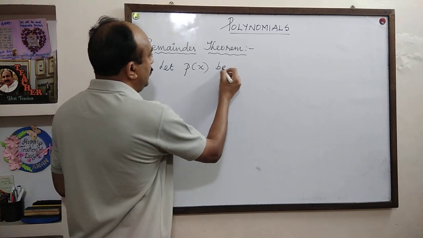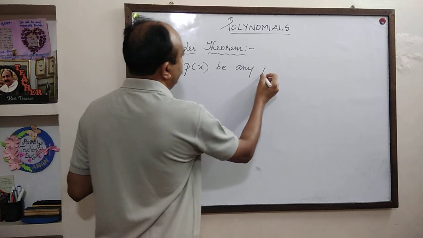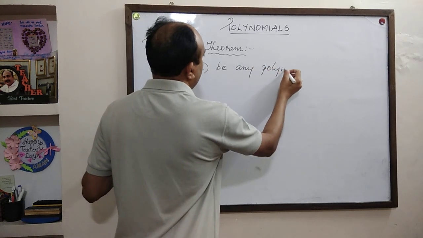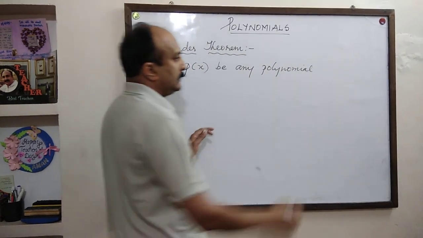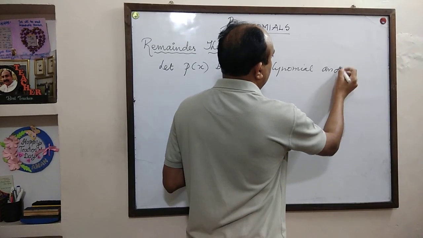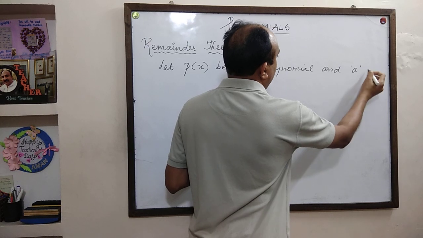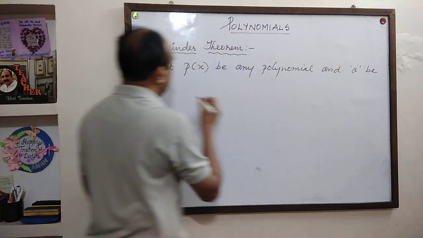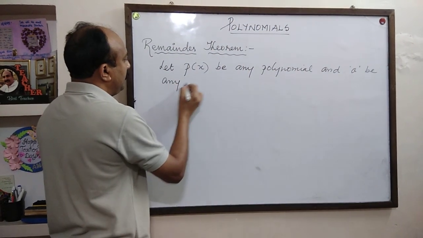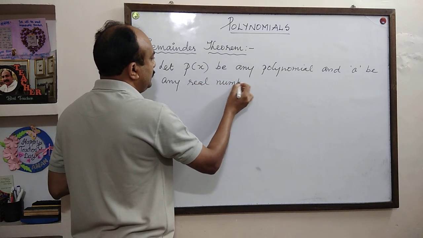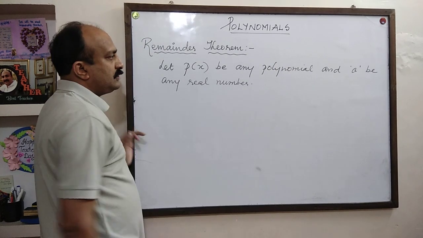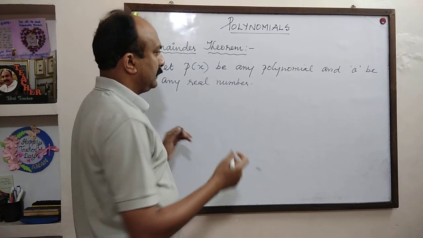Let P of x be any polynomial and a, small letter a, be any real number. So P of x is a polynomial and small a is any real number.